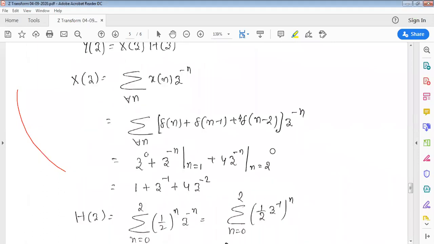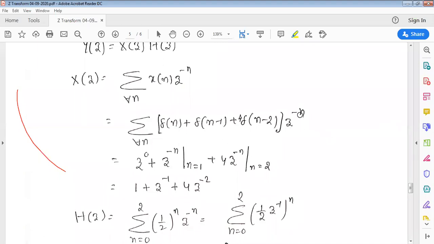Okay. So what will I do? What is delta of n? Delta of n exists only at n equal to 0. Therefore, put n equal to 0 here. If you put n equal to 0, delta of n becomes 1 into z power 0. That I write as the first term. Where will delta of n minus 1 exist? It will exist only at n equal to 1.